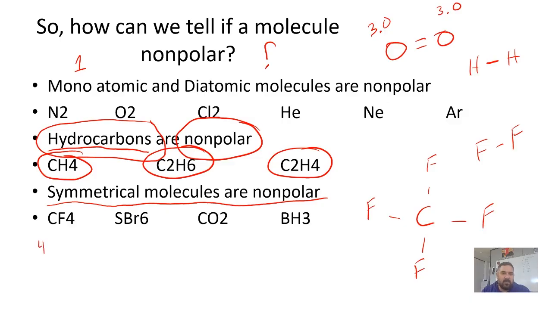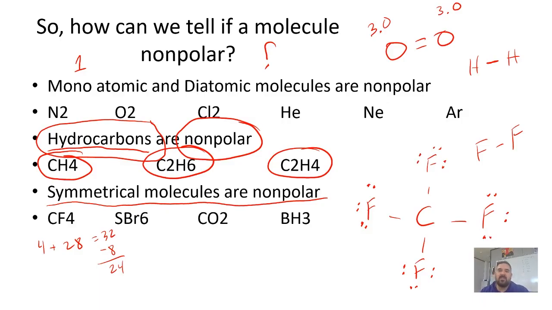So carbon has 4 electrons, and then fluorine has 7, 14, 21, 28 electrons. So we should have a total of 32 electrons. We just used 8, so we have a total of 24 left. So 2, 4, 6, 8, 10, 12, 14, 16, 18, 20, 22, and 24. So that's our final product right there.